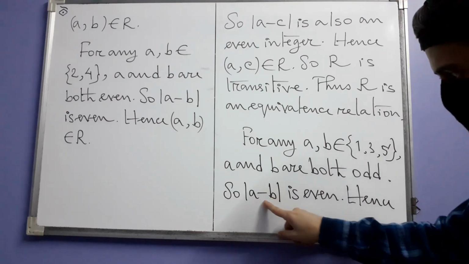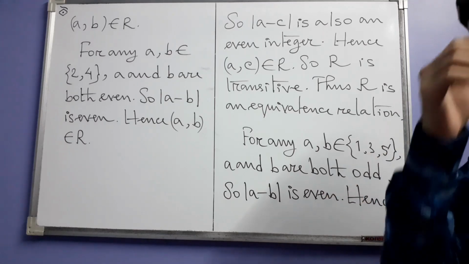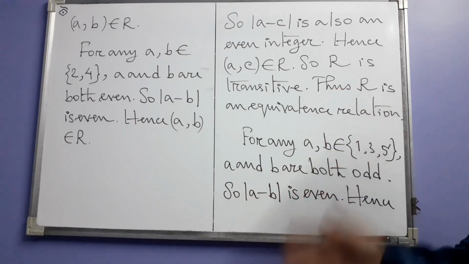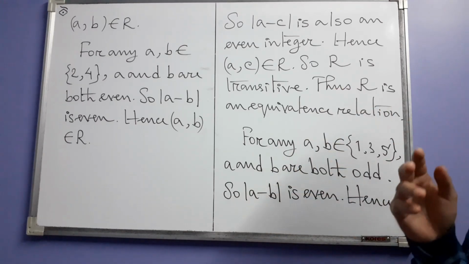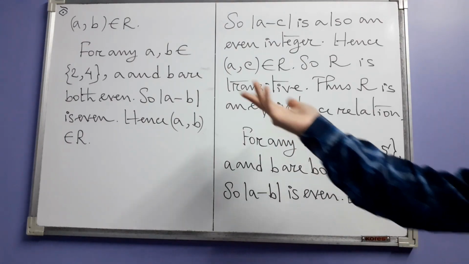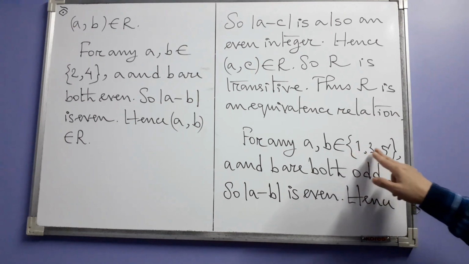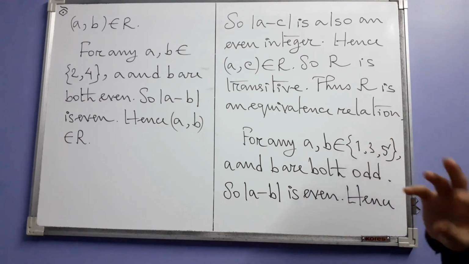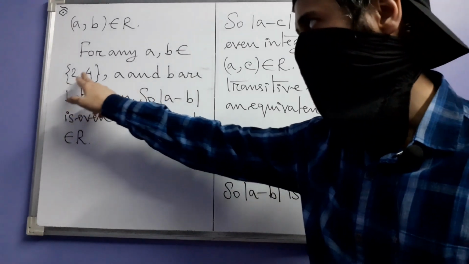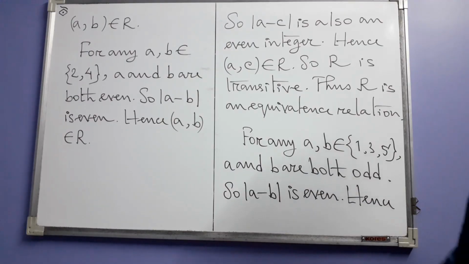So this difference is even, when you take the difference of two odd integers, it is an even integer, and the absolute value of that is also an even integer, a non-negative even integer. But then by definition a comma b belongs to R, so that way any two elements of this set are related to each other.